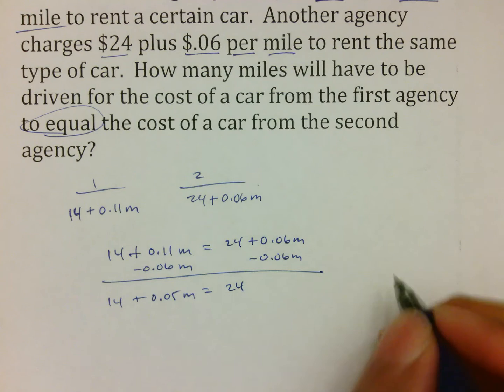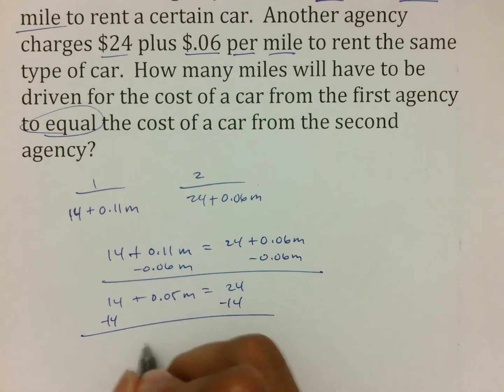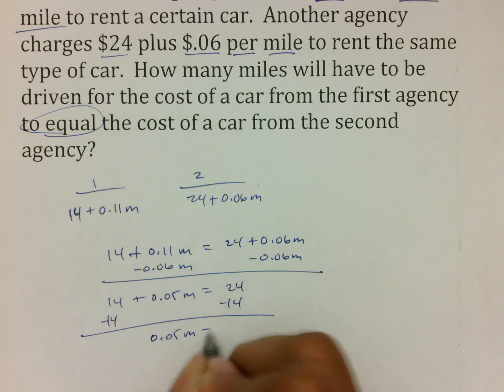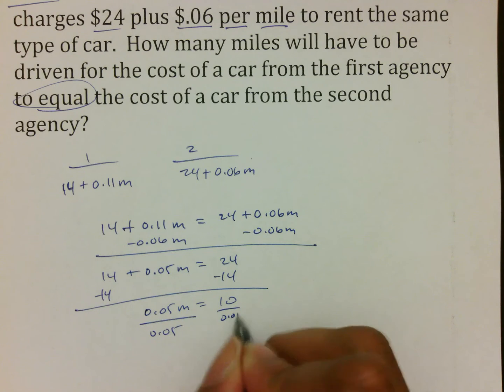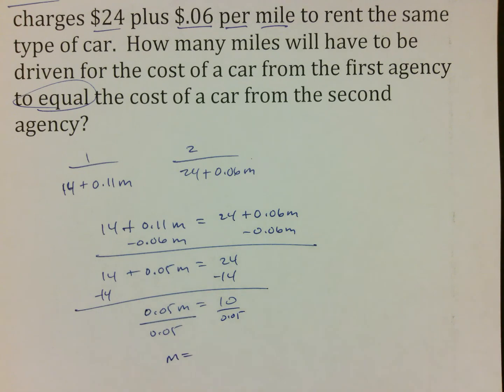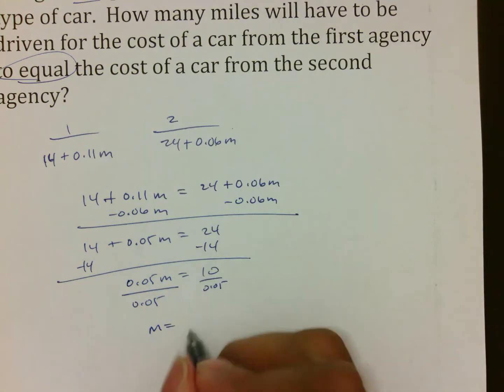That therefore equals 24. From there, again, follow your training, move the number away from it. 0.05 M equals 10. Then we're going to divide by 0.05 to get the answer of 200 miles.